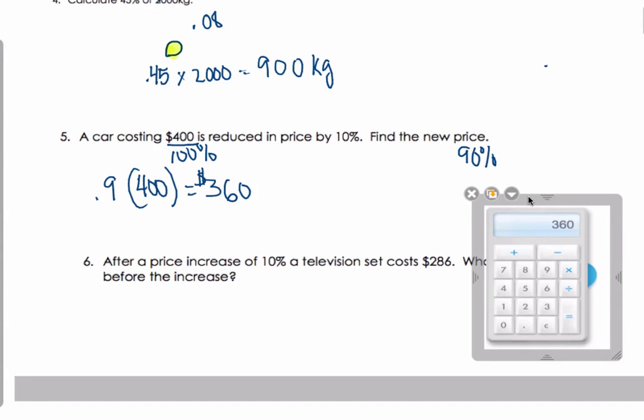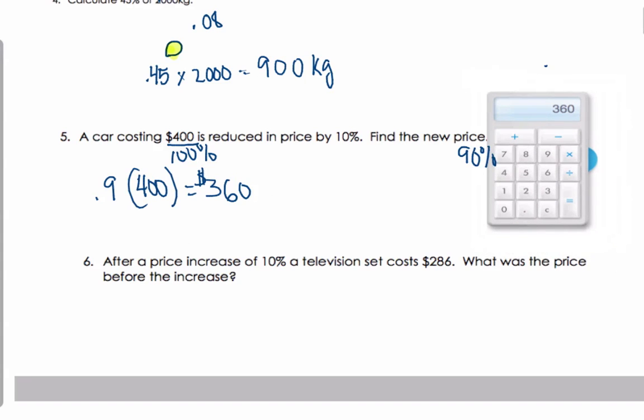If we look at the next one now, okay, a price increase of 10% of a television set costs this. What was the price before the increase? So after a price increase of 10%, this is what it costs. So this cost here is not 100%. This cost is 110% of the original cost. So if I want to find the original cost, I take 110%, which is 1.1, and multiply it by what the original cost was, C. And when I multiplied those two, I got 286.